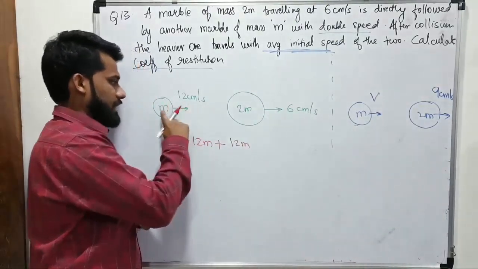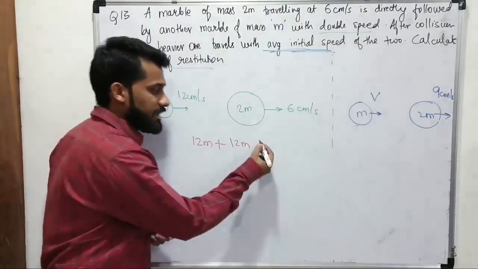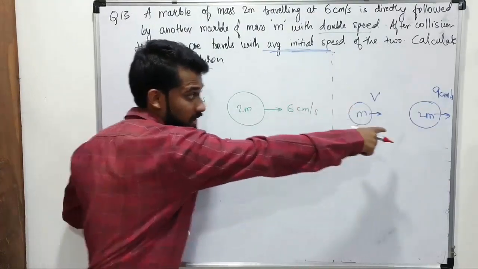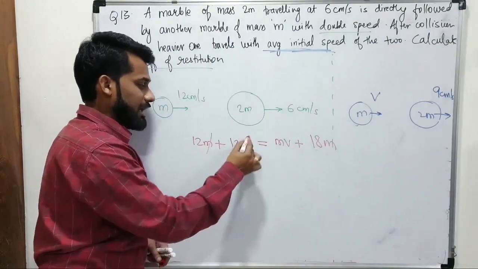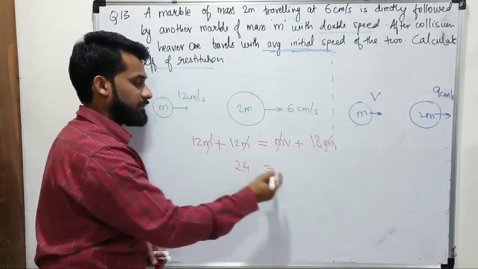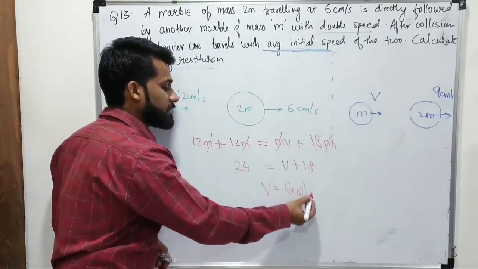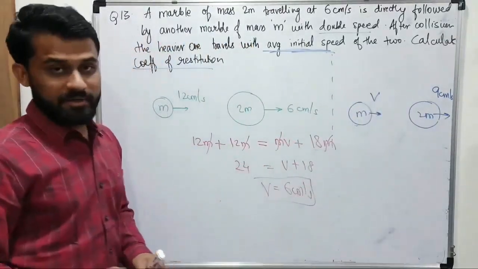No need to convert the units because everywhere the units are same, is equal to m into v plus 2m into 9. 2m into 9 is 18m. So cancelling all m's, this will become 24 equals v plus 18. So v is equal to 6 centimeters per second, as the unit was centimeters per second everywhere.